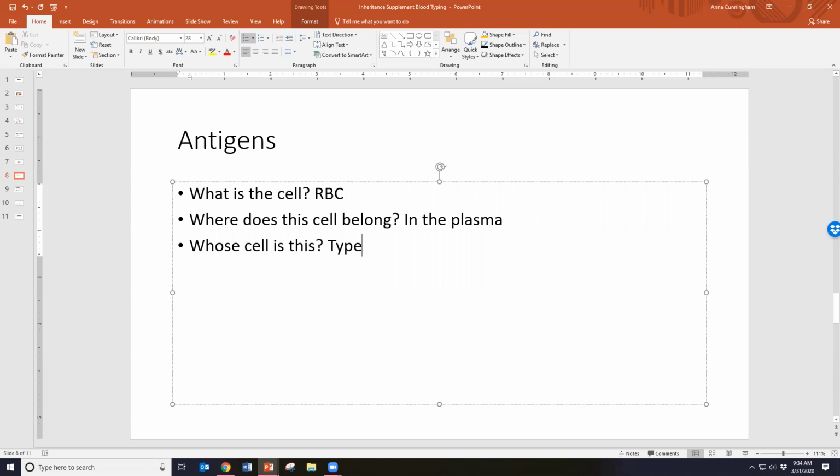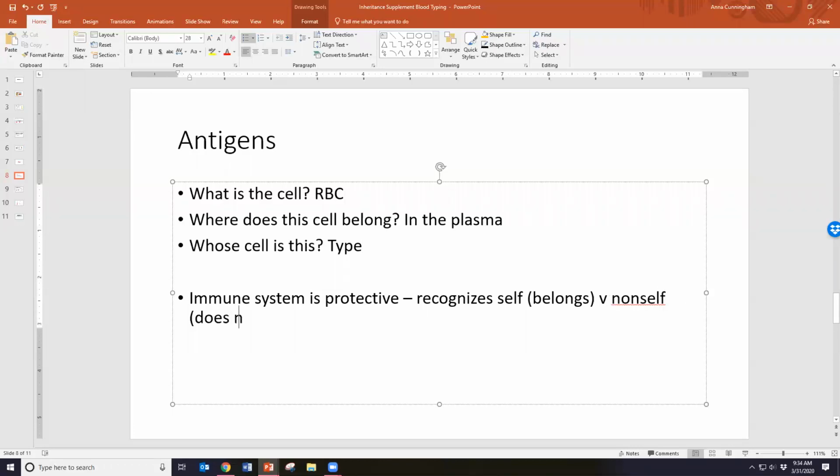The protective component of this is all about the immune system. The immune system is protective in that it recognizes self, or stuff that belongs, versus non-self, which does not belong. We're talking about blood typing, but obviously this is far more complex.